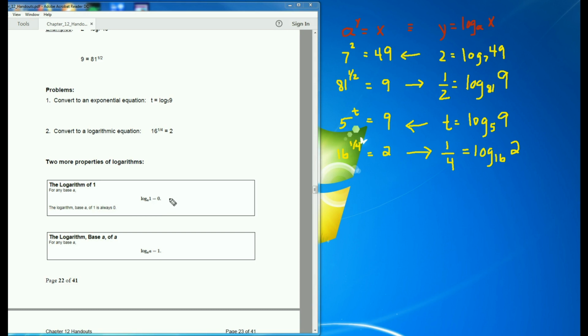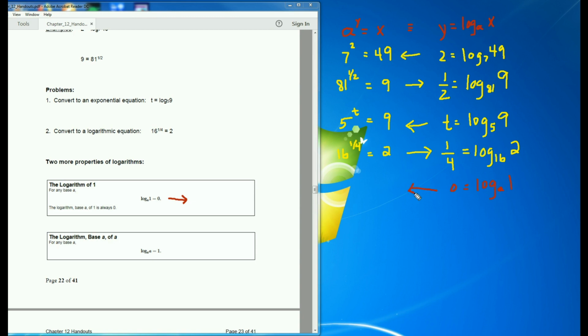Okay? And the reason is, if you convert this to an exponential equation, we've got a logarithmic equation: 0 equals log base A of 1.